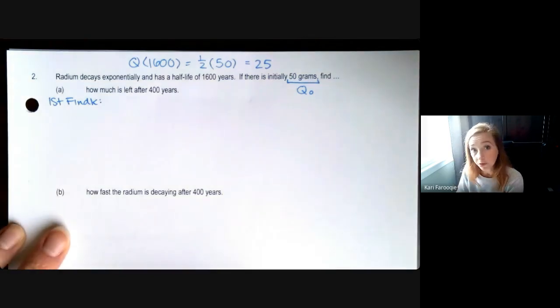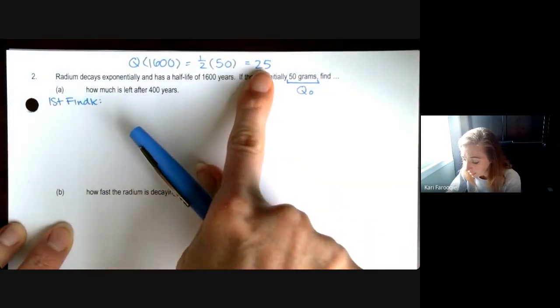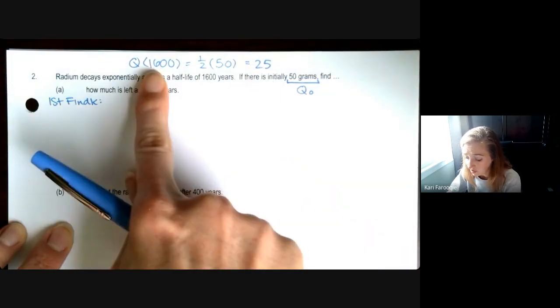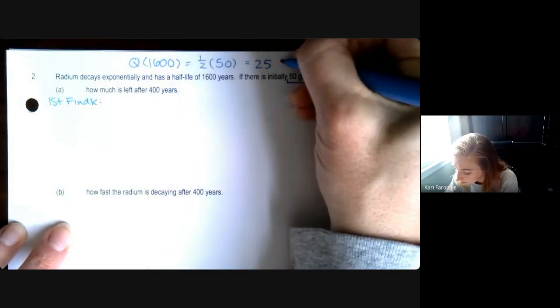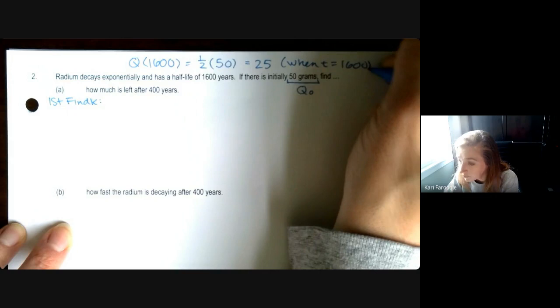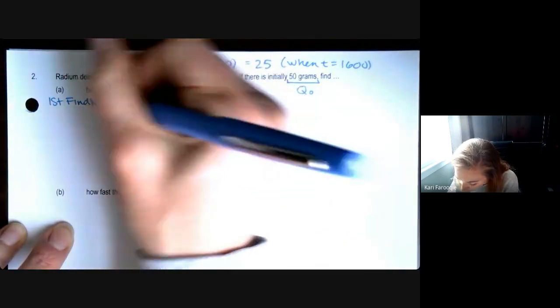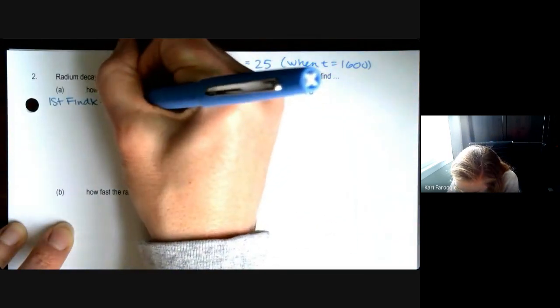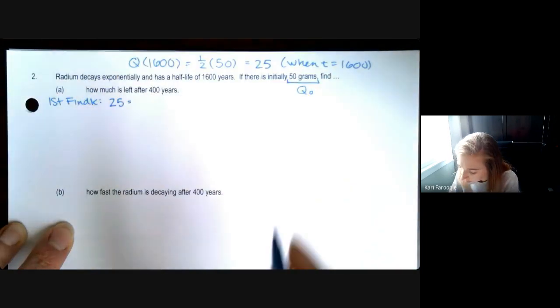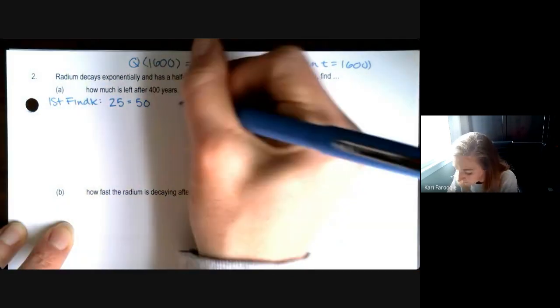All right, so in order to find K, I'm going to plug in the information that I do know. So I do know that my amount is 25 when T is 1,600. So I'm going to plug this in and I'm going to say, okay, I know my amount is 25. The original amount, Q sub naught, is 50.